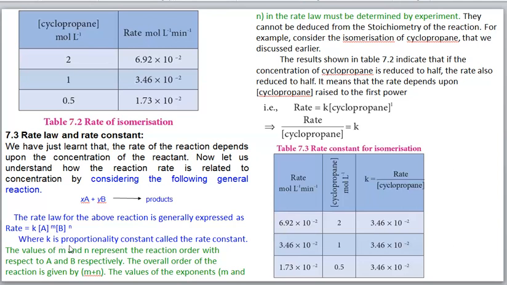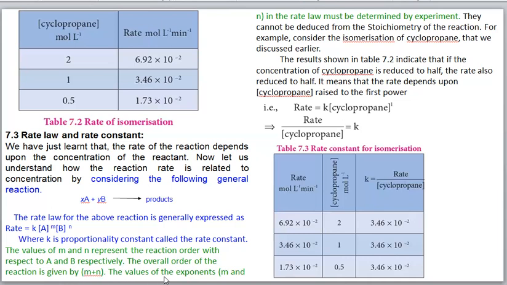In this expression, k is a proportionality constant called the rate constant. The values of m and n represent the reaction order with respect to A and B respectively. The overall order of the reaction is given by m plus n.